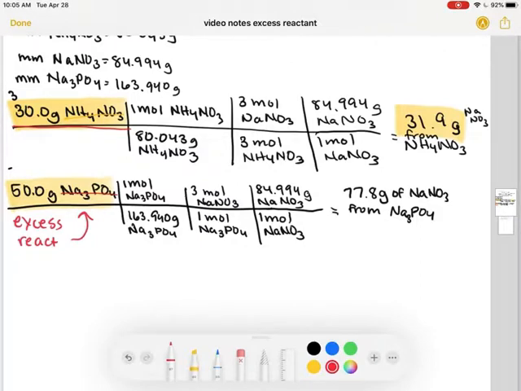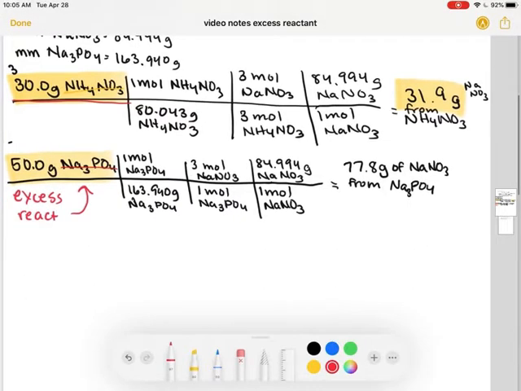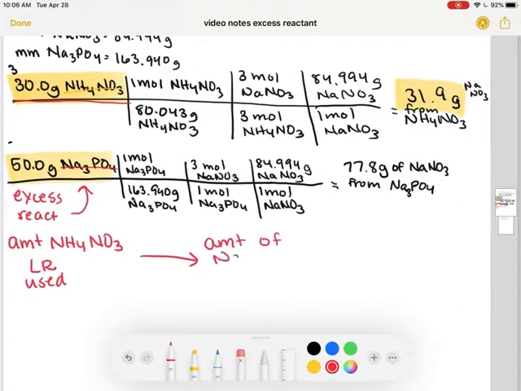Okay. So what we want to start with is the amount of our limiting reactant. So we're going to start our equation. We're basically going to go from the amount of NH4NO3, which is our limiting reactant, used, to our amount of Na3PO4 used.